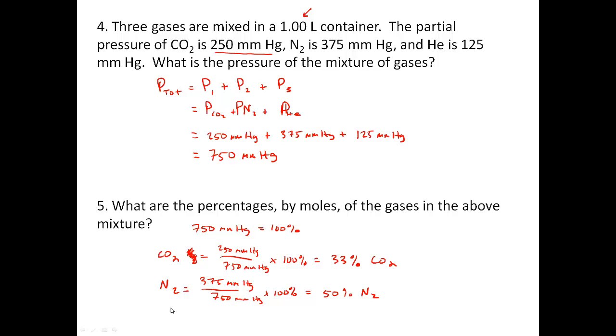And then last but not least, we've got helium. Well, if we've got 100% total, we subtract out the 33%, that's the carbon dioxide, and we subtract out the 50%, that's the nitrogen, we should get 17% helium.